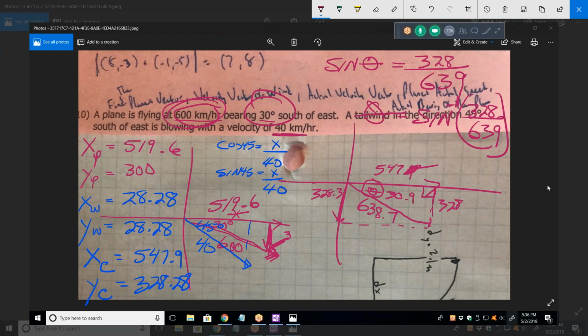The second one is find the velocity vector of the wind. Okay. Well, they gave us the velocity vector of the wind. It's 40 miles an hour at a direction of 45 degrees south of east. And we did break it up into its two components. Maybe that's what they meant.